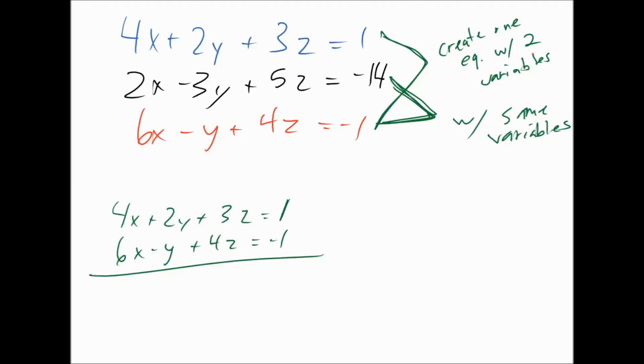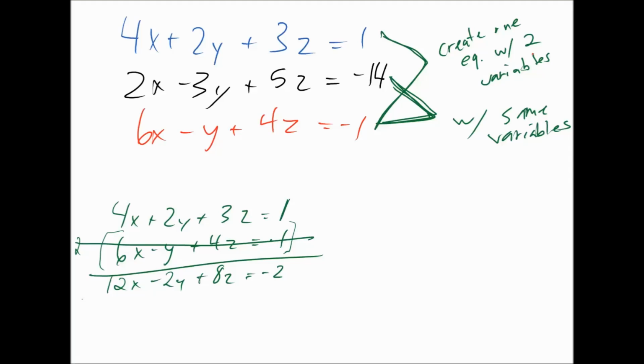Now, I'm going to add these together, and I have to choose which one we want to get rid of. I think it's going to be the easiest to get rid of y, since this one's positive 2, this one's minus y. So I'm going to multiply this whole thing by 2 to get my new equation, which is 12x minus 2y plus 8z equals negative 2.